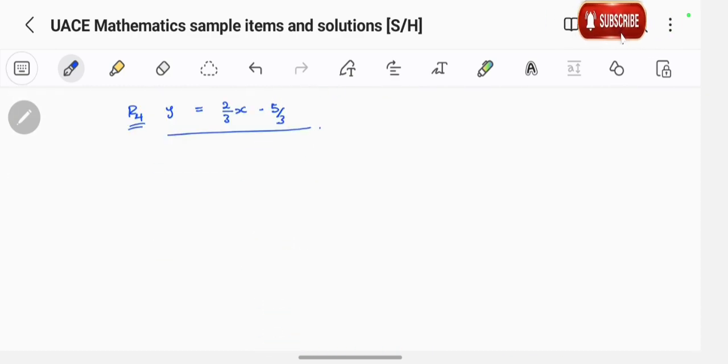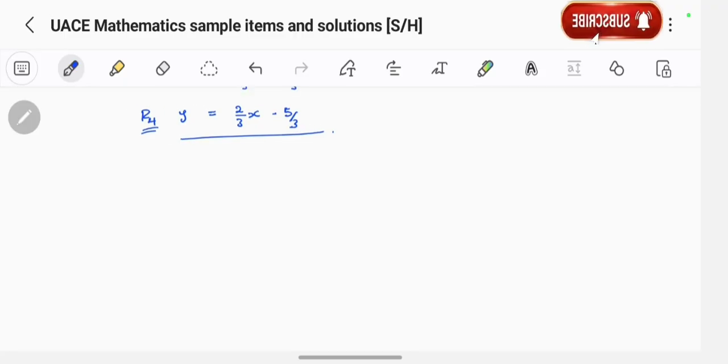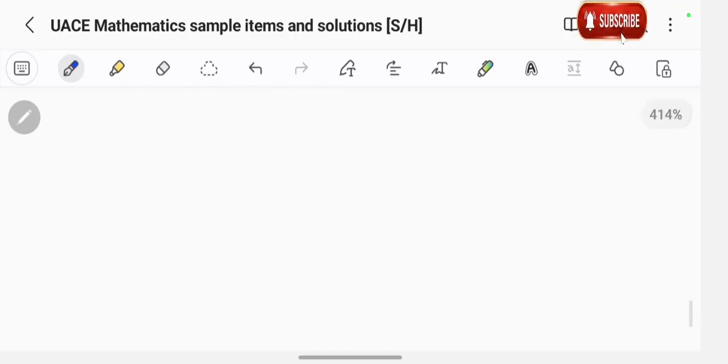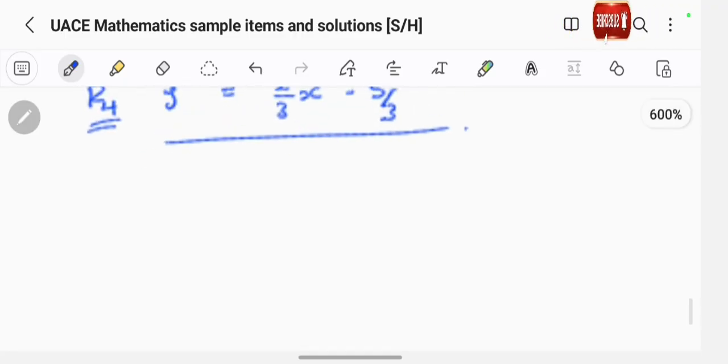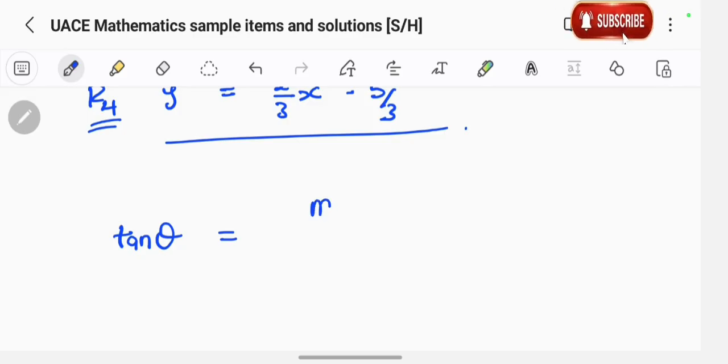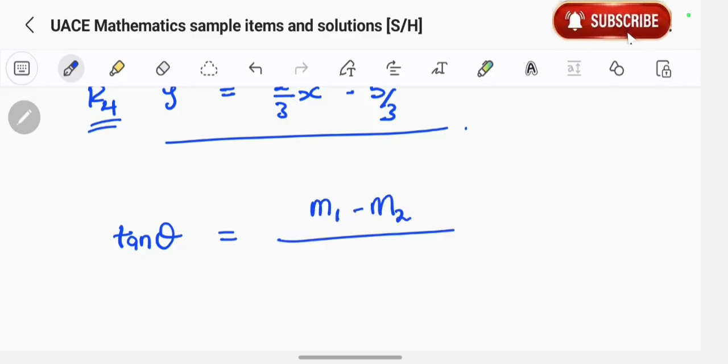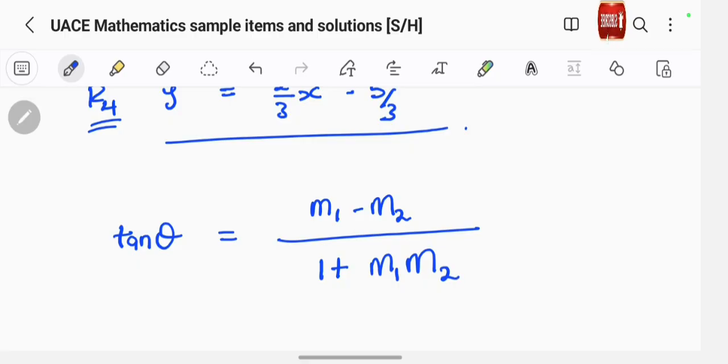We know that whenever we are finding angles between two lines, we use this formula: tan theta, whereby theta is the angle we're looking for, is equal to the gradient of one line minus the gradient of the second line divided by 1 plus m1 m2.